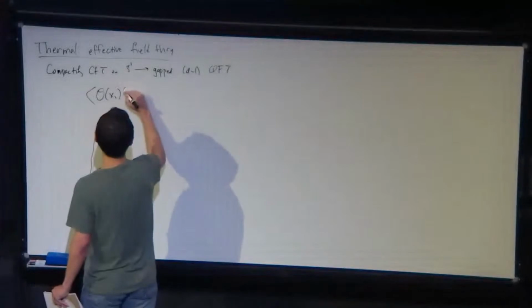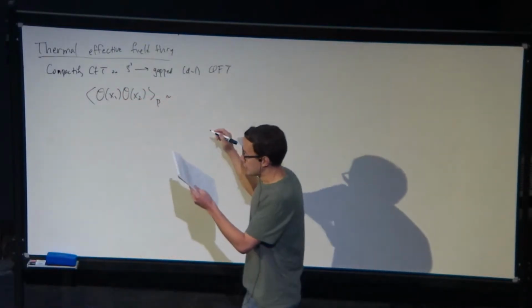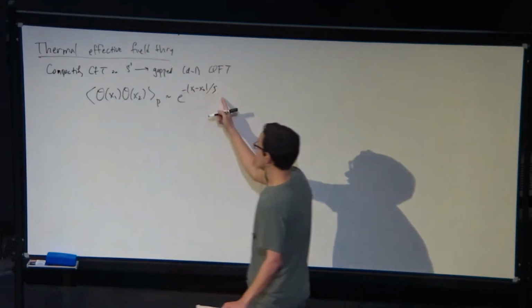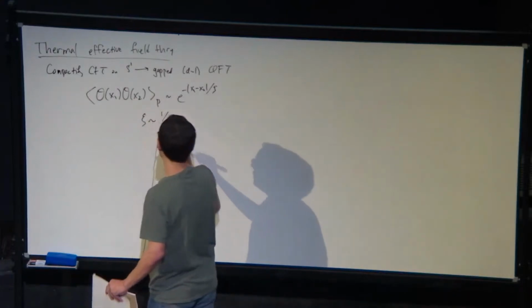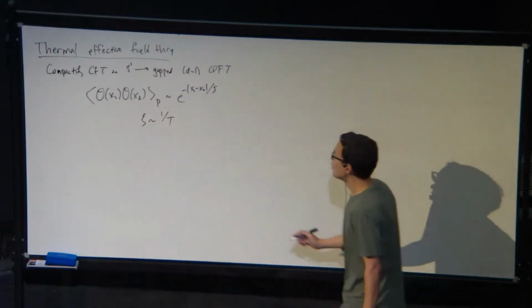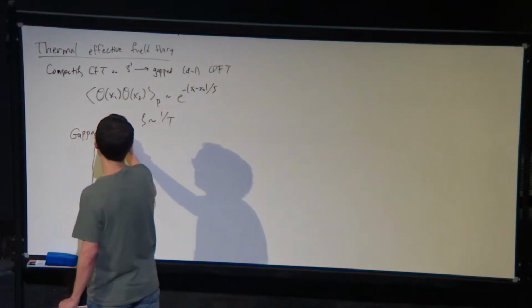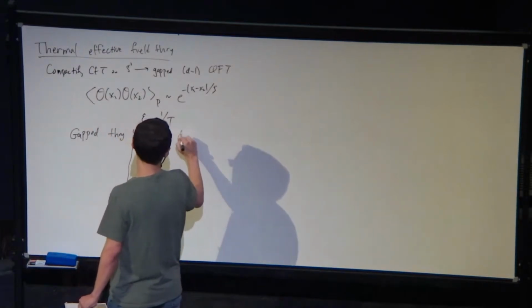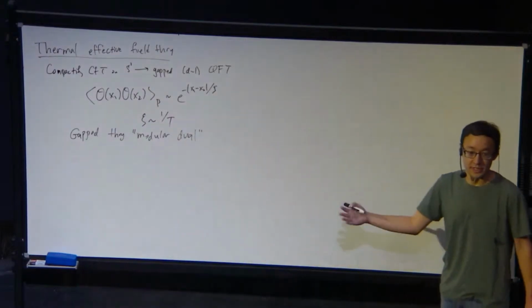And so the correlation functions of this d-1 dimensional theory will decay exponentially at large distance with some correlation length xi. And by dimensional analysis, xi has to be proportional to beta. And we're going to view this gapped theory as a kind of modular dual. So the magic in 2 dimensions is that the modular dual of the theory is the theory itself.